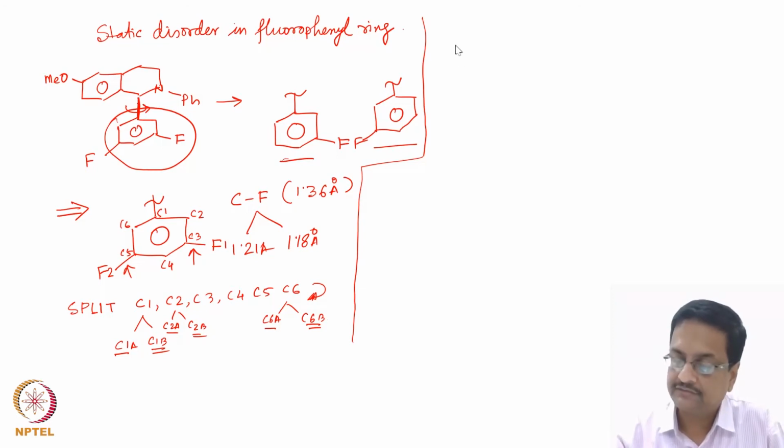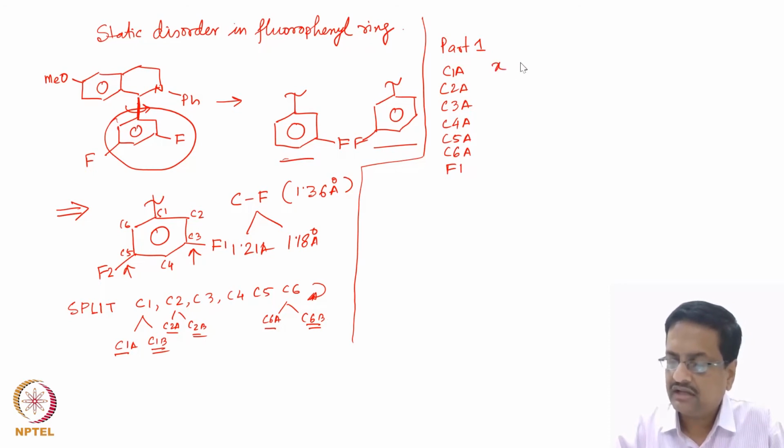So we write a part 1 as C1A, C2A, C3A, C4A, C5A, C6A and F1. We call it part 1 and it will have its corresponding XYZ.